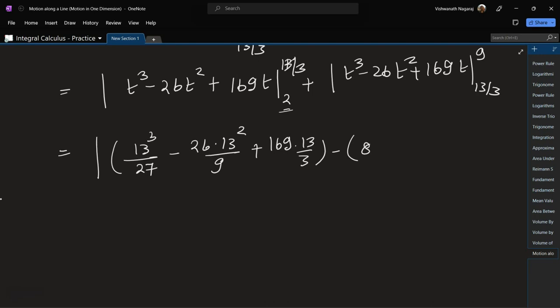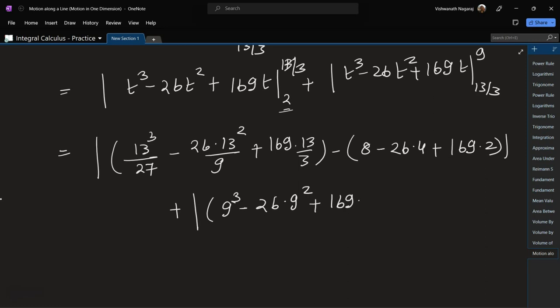So 2 cube is 8 minus 26 times 4, plus 169 times 2, absolute value, plus absolute value of 9 cube minus 26 times 9 square plus 169 times 9 minus 13 cube by 27 minus 26 times 13 square by 9 plus 169 times 13 by 3.